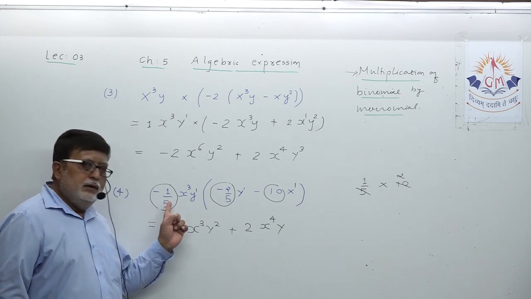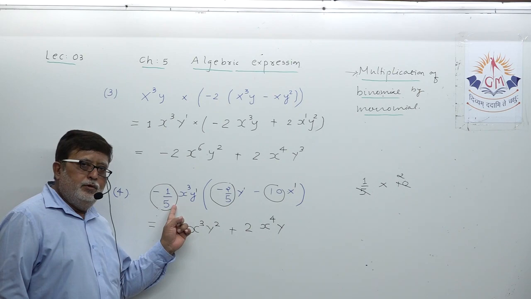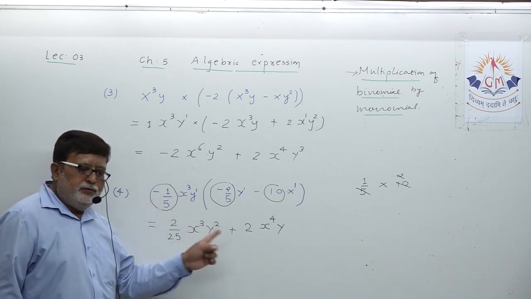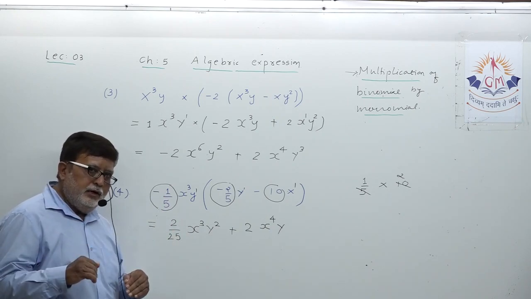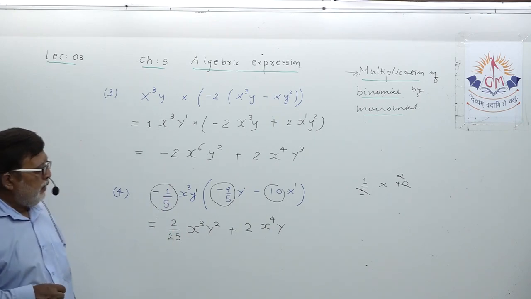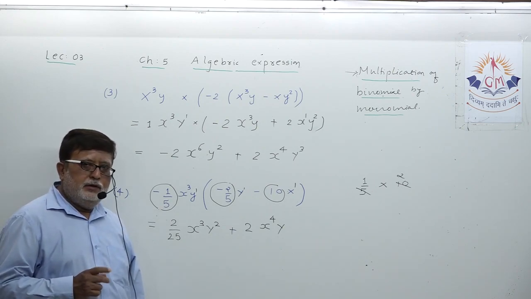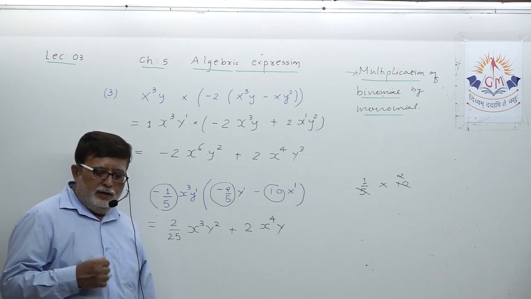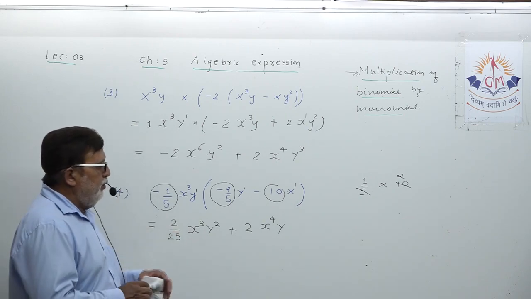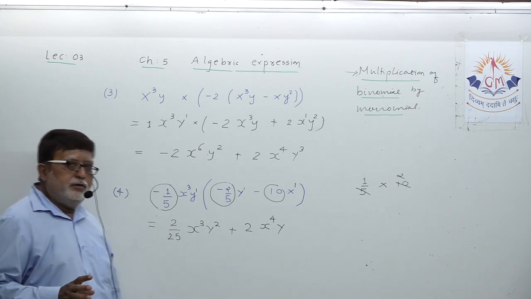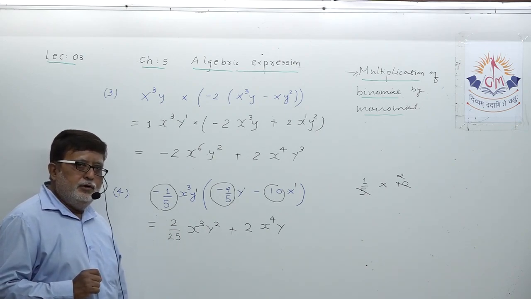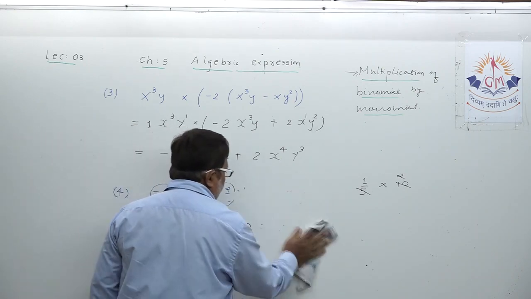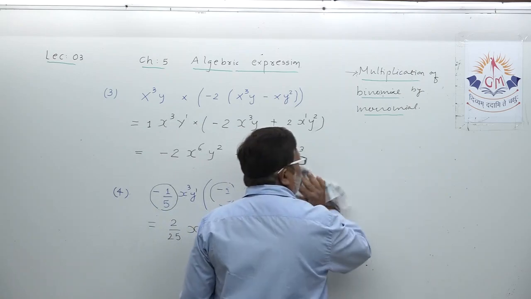First, you will multiply the monomial with the first term of the binomial and then with the second term, because in the next stage some of the examples which we are targeting are a little difficult, but if your concept is clear, you will be able to solve the sum very easily. Okay, let me take a few more examples.